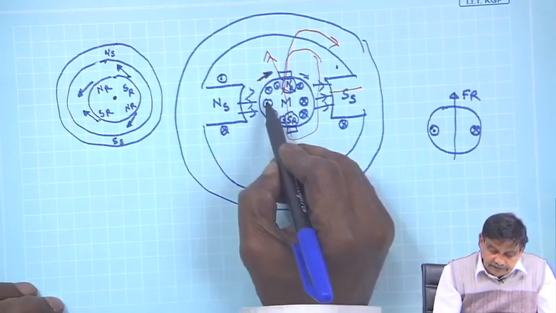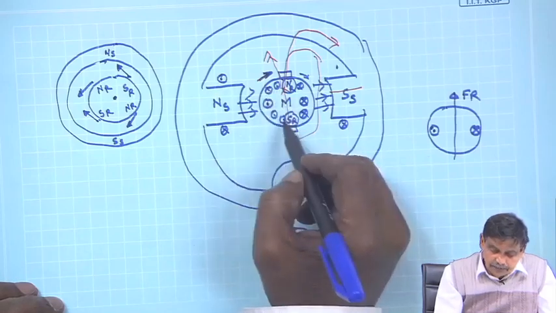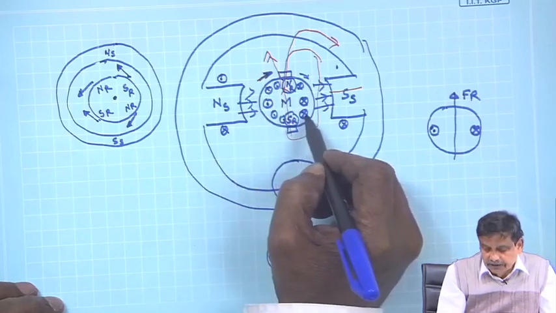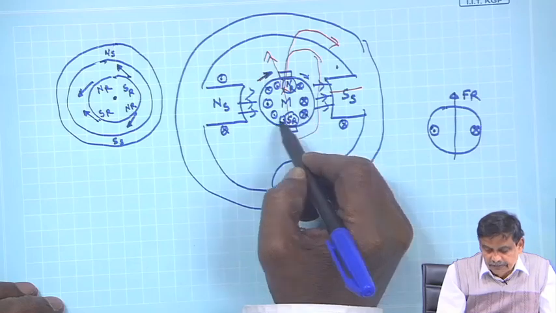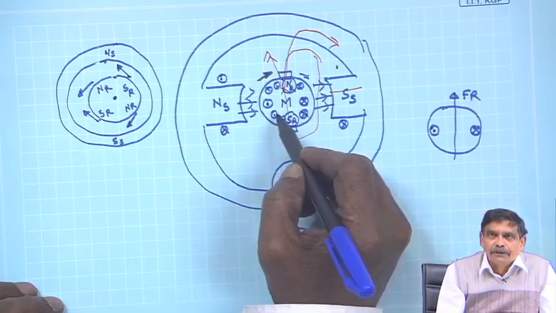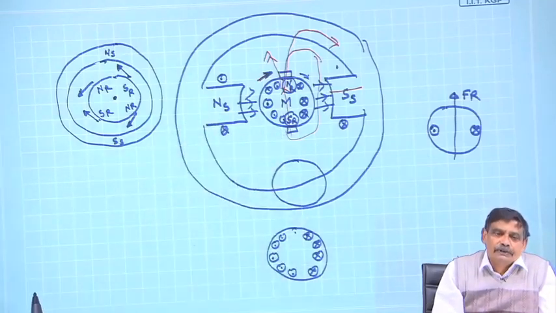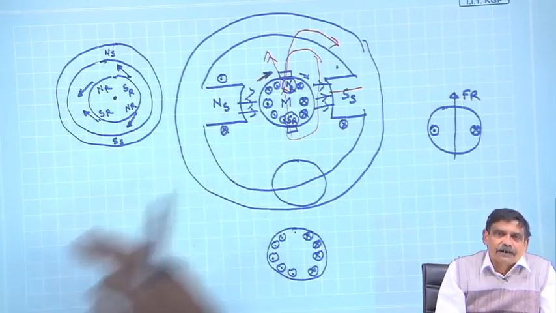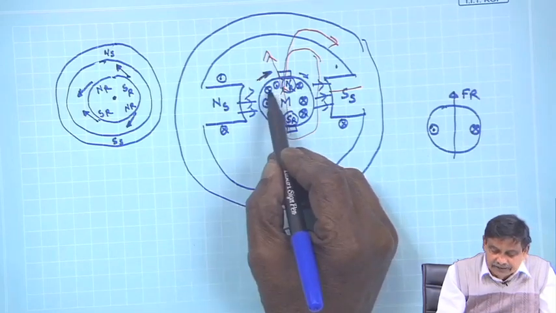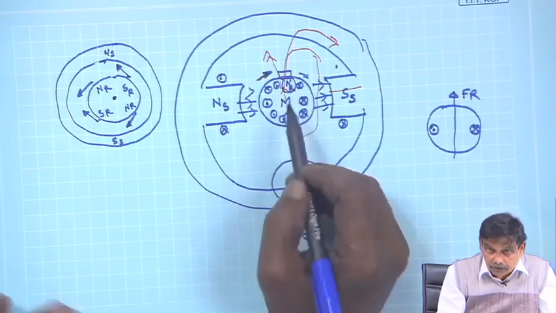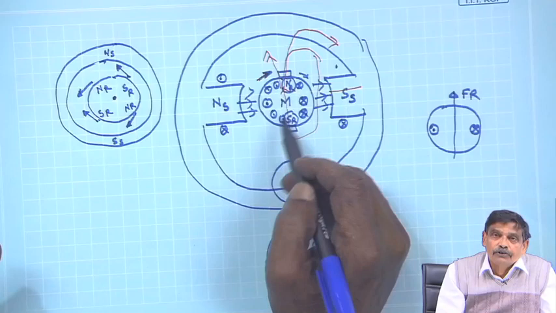As time passes, the left hand side will be filled by newer conductors which are crossing over. This conductor after some time will come here, but no matter when it comes here, it has to carry that constant magnitude dot current. Similarly, any conductor here switching over to this side as the rotor rotates will always be carrying cross current.